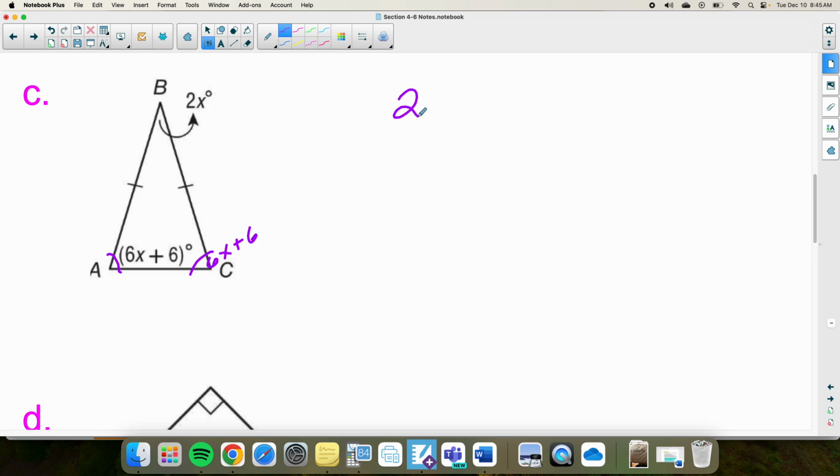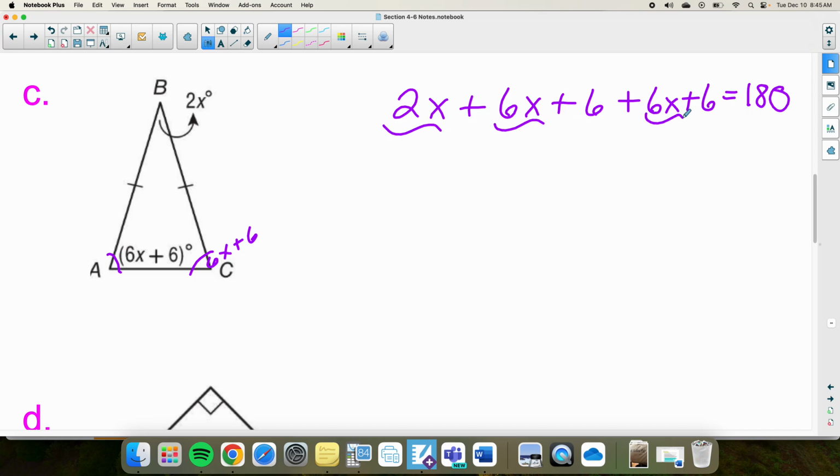So I'd go 2x plus 6x plus 6 plus 6x plus 6 equals 180. Okay? 2x plus 6x plus 6x is 14x. Okay? 6 plus 6 is 12, and that equals 180.